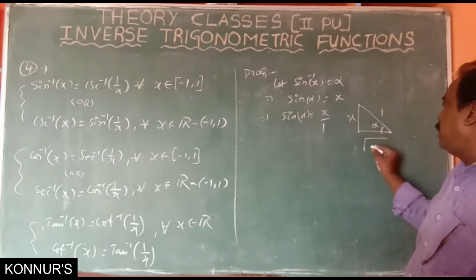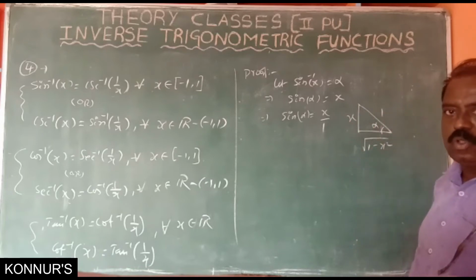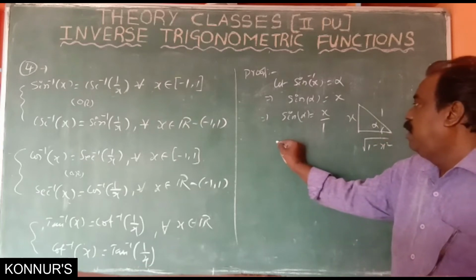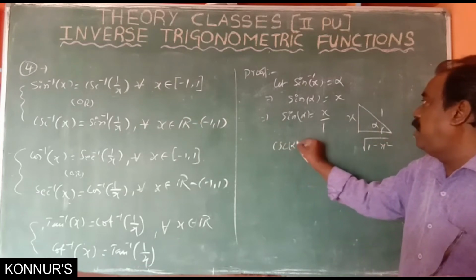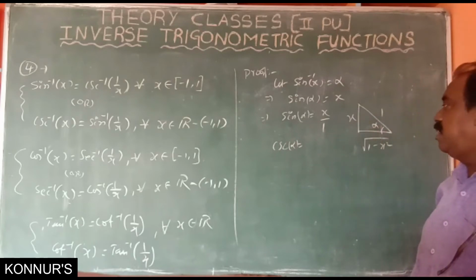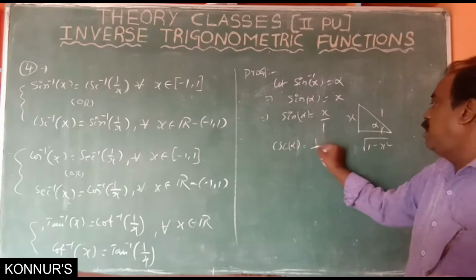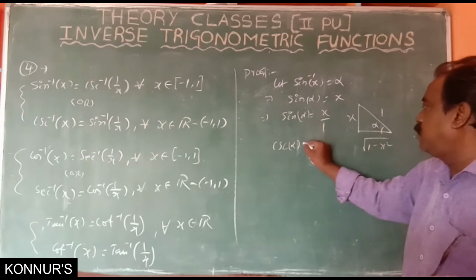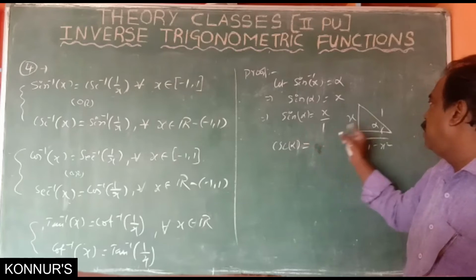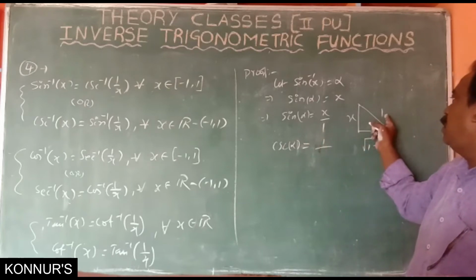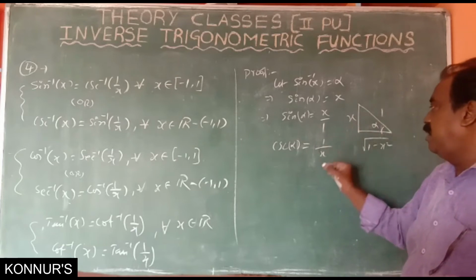By using the Pythagoras theorem, the other side is root of 1 minus x square. Now what is cosecant alpha by using this triangle? Cosecant alpha is nothing but 1 by sin alpha. Hypotenuse is 1 and opposite side is x.